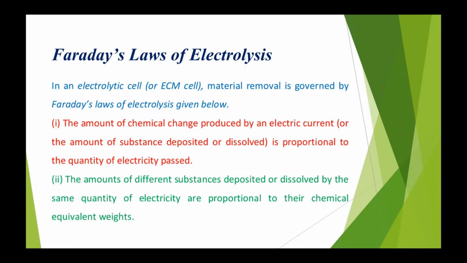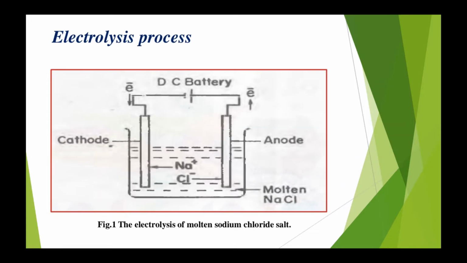Now before going to the working principle of electrochemical machining, we will see the electrolysis process. In this figure I have shown the electrolysis of molten sodium chloride salt. This figure shows an electrolytic cell in which a DC battery sends electric current through the molten sodium chloride salt.